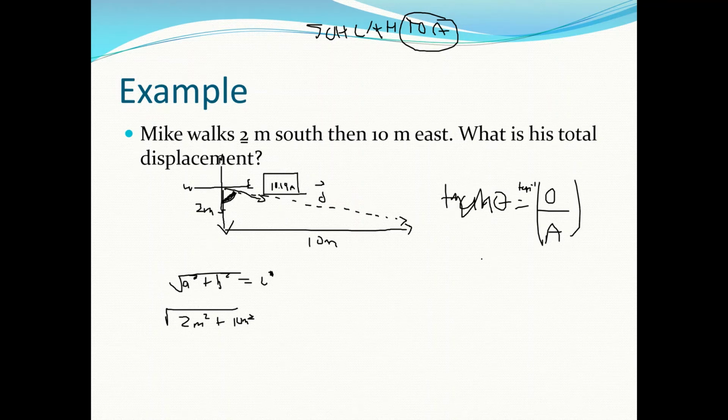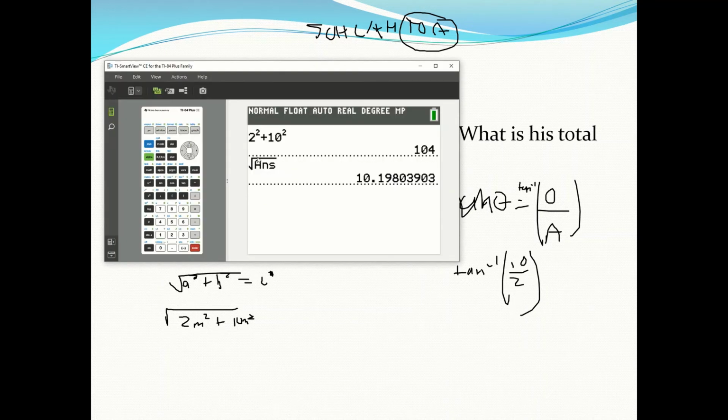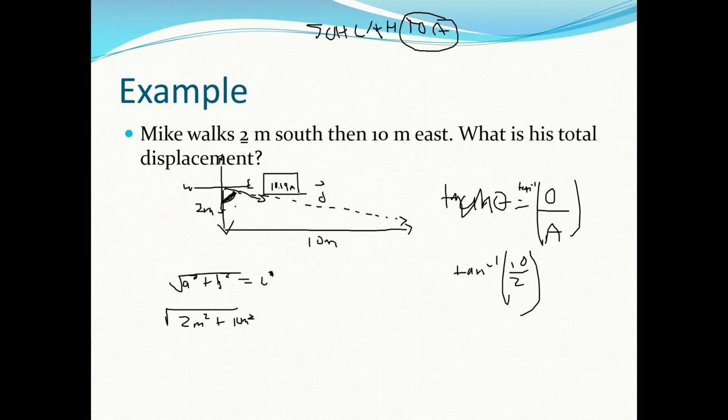And I'm ready to go. So if I tan negative 1 of opposite, which is 10, over adjacent, which is 2, and type that into my calculator, I end up getting 79 degrees.